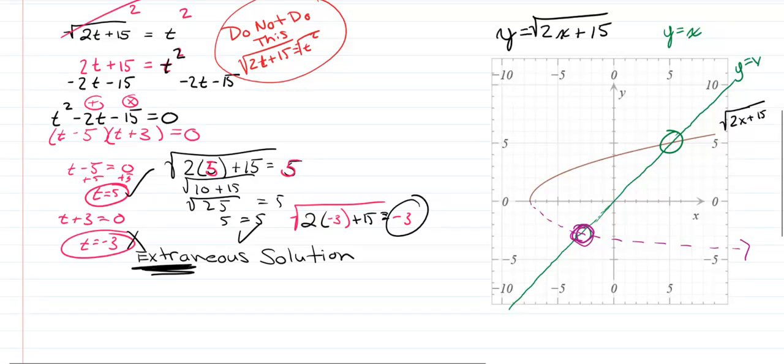So at times, you're going to get two solutions when the graph passes through the square root graph at what looks to be two separate points. But if you get two solutions, you have to check to see if they work. Most cases, you will get one that is an extra solution that does not work. That's called your extraneous solution.